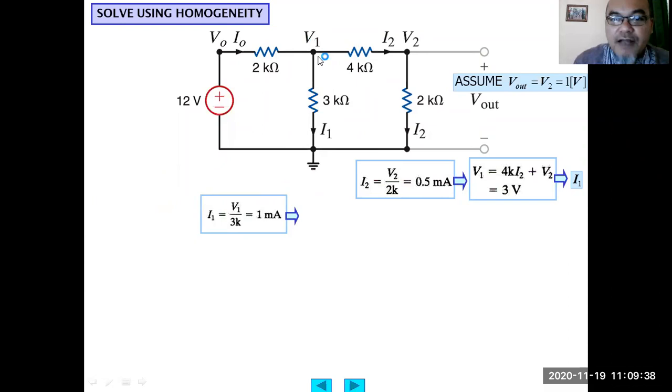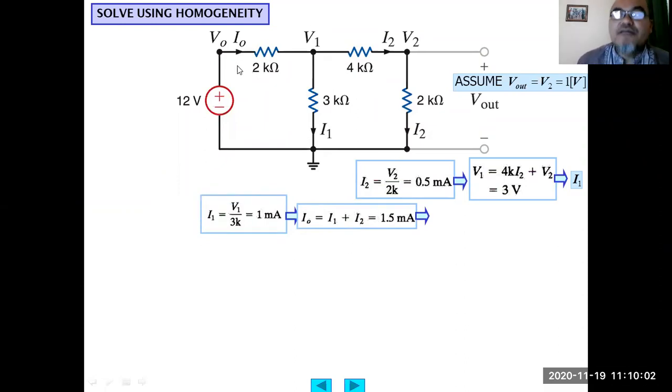I2 was obtained previously as 0.5 milliampere. Then we can calculate IO using Kirchhoff's current law: IO equals I1 plus I2, so 1 milliampere plus 0.5 milliampere equals 1.5 milliampere.